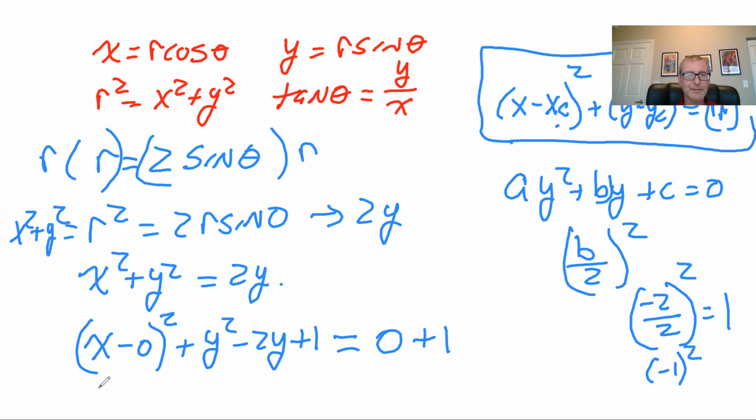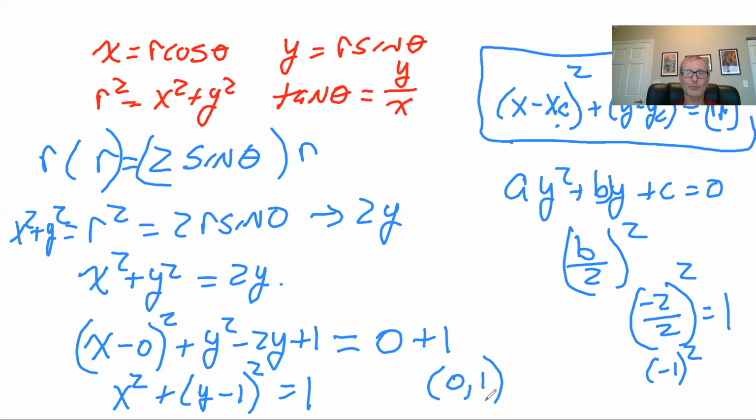And the way that you usually don't write the 0, right? So this would be x squared. And then when you complete the square, the y value looks like this, y -1 squared, right? And then that equals 1. So you could see the radius is 1, and the center of our circle would be x equals 0, y equals 1.